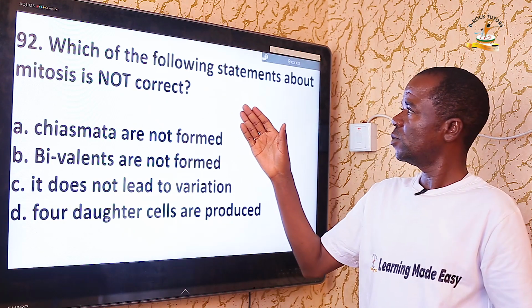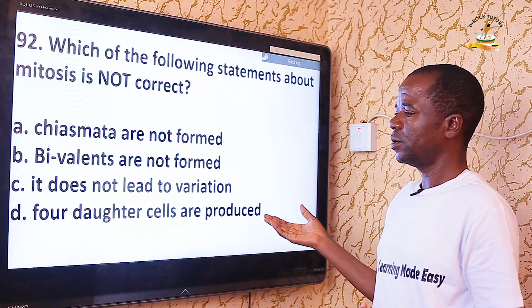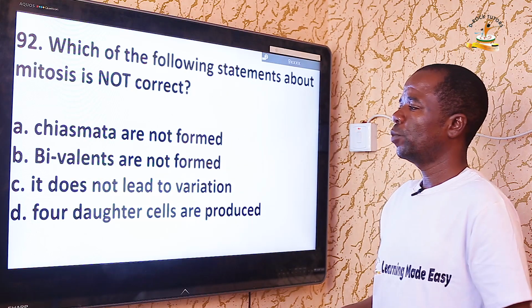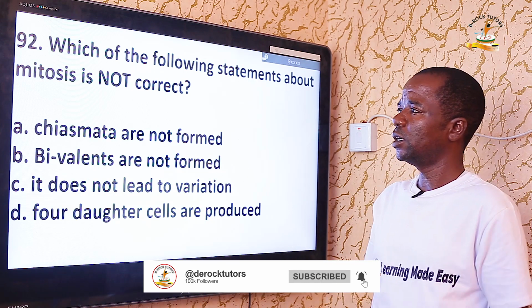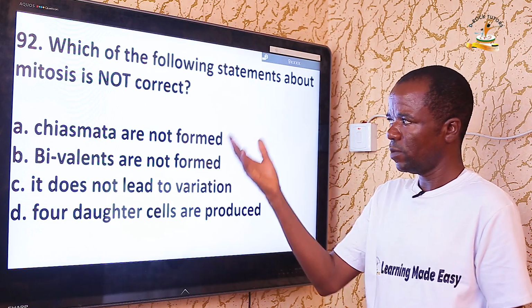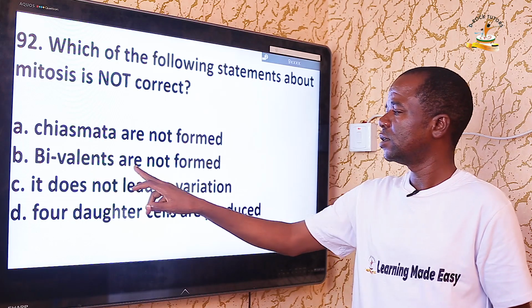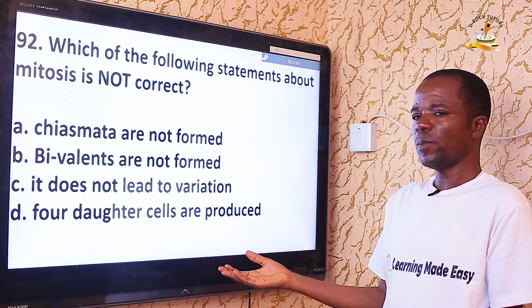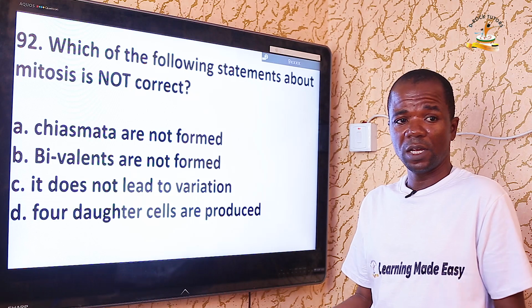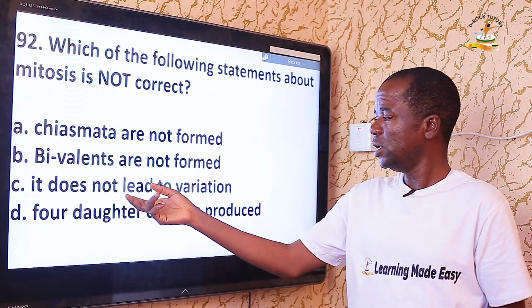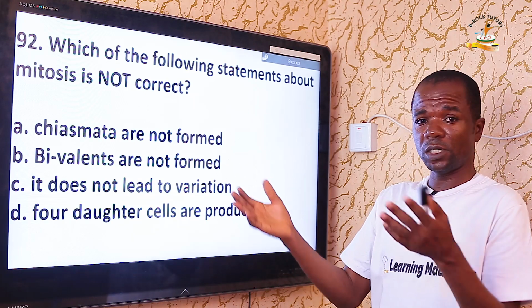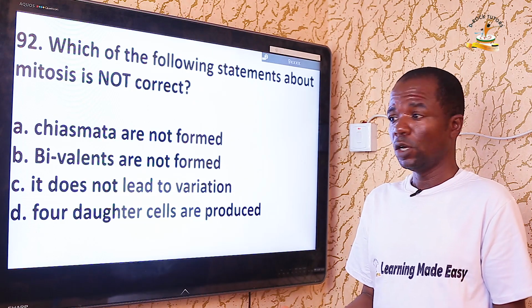Number 92. Which of the following statements about mitosis is not correct? If you look at the 4 options, chiasmata are not formed. Of course, we know chiasmata are not formed, so that's correct about mitosis. Bivalents are not formed. That's also correct about mitosis. Not only that, it does not lead to variation. We know that mitosis does also not lead to variation.